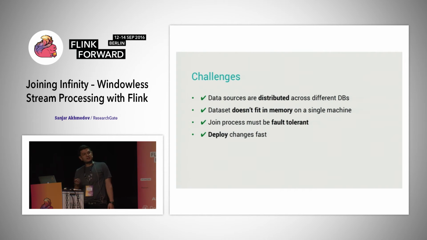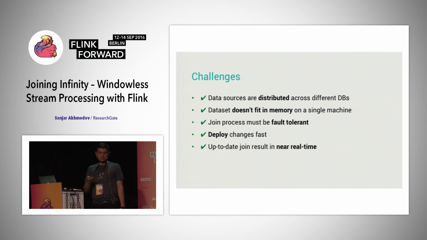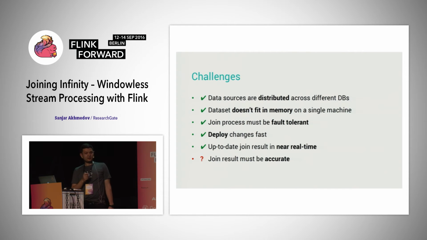We have zero downtime, and it also simplifies supervision of the jobs. And also, because of the streaming, we have an up-to-date, near real-time join result. But the correctness of the join is still, we just have one simple case. It kind of works.